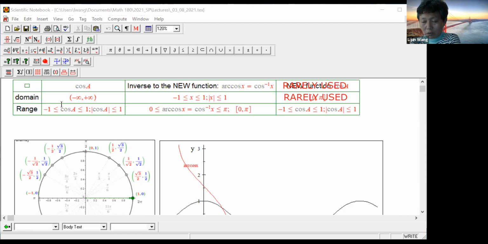In the future, or in this class, unless otherwise specified, the cosine we are addressing is always this one, and the arc cosine we are addressing is this one. These are rarely used.